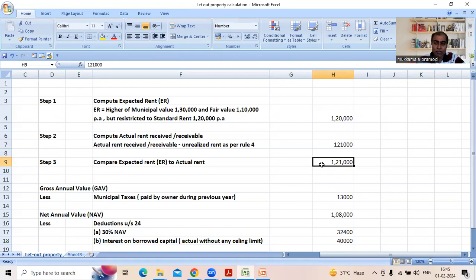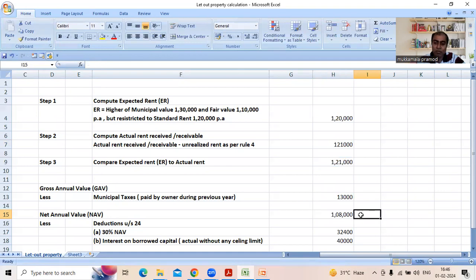The next step here is to calculate the municipal taxes. The municipal taxes is, as I told, 10% of the market value. The market value in our example is 1,30,000. And basing on that, I have subtracted the municipal taxes paid from the comparison I've done from expected rent to the actual rent.